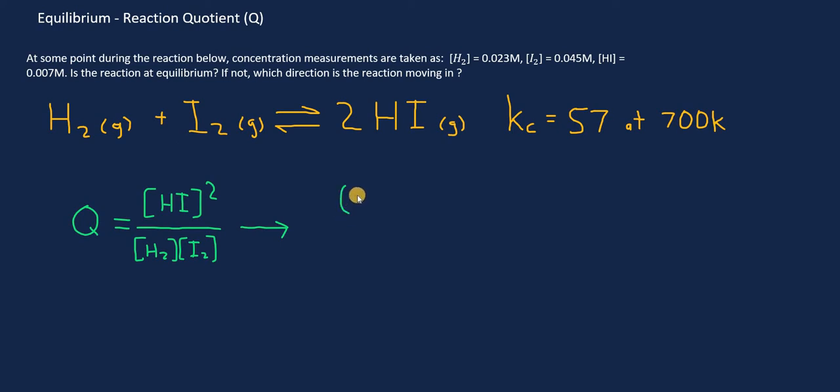So the concentration of HI is given as 0.007, squared, divided by the concentration of H2, which is 0.023, and the concentration of I2, which is 0.045.